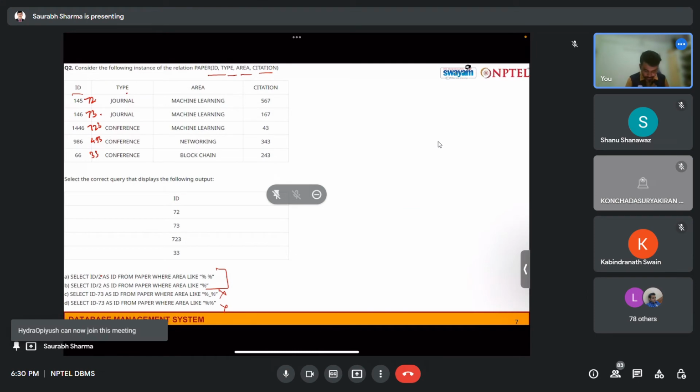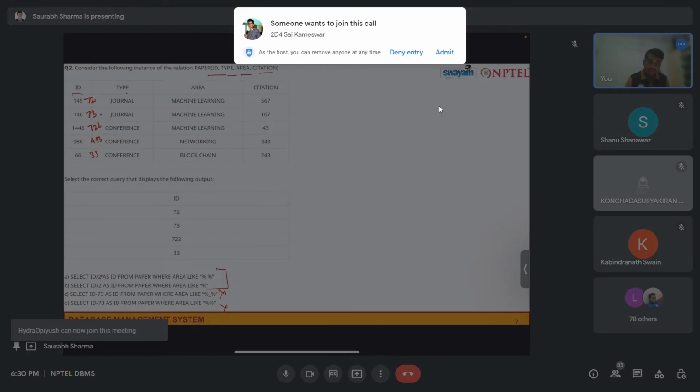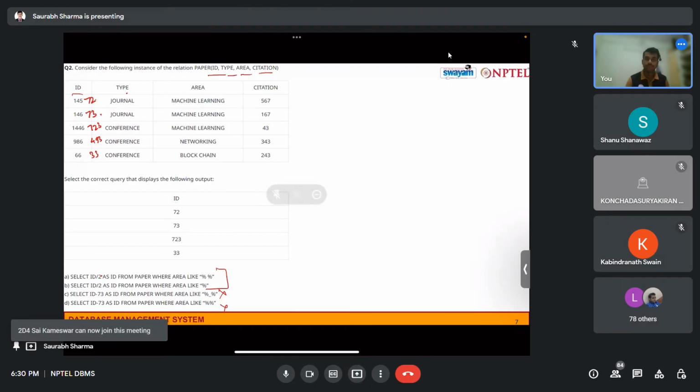In these two options, the first wants the area LIKE percent, space, then percent. In the second, there is WHERE area LIKE percent. So what is the first statement telling?